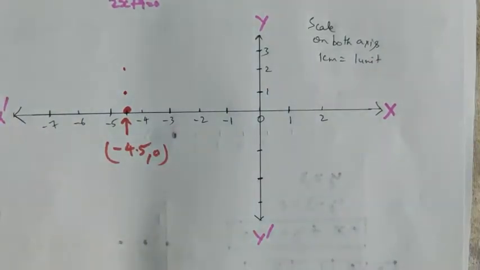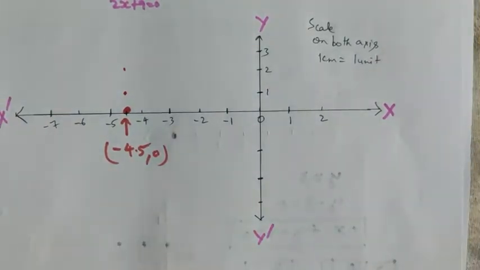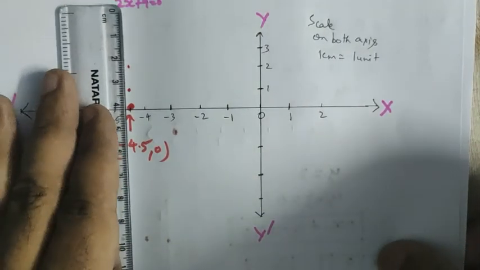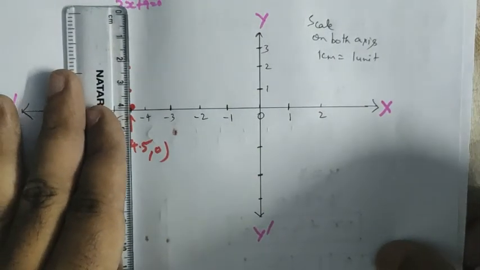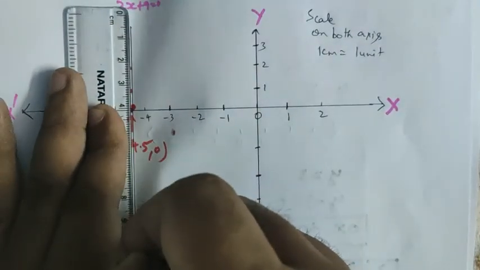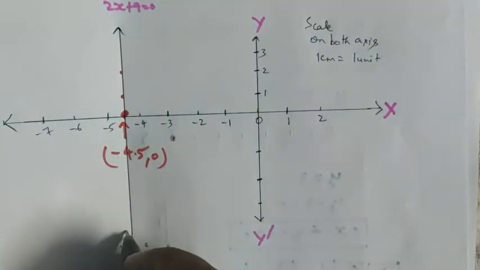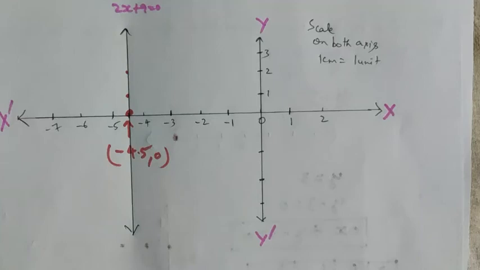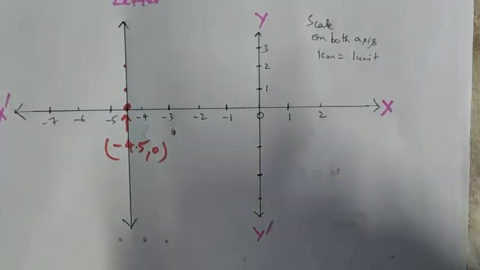So the equation of the line will be a straight line parallel to the y-axis. As I told you, if the value of x is equal to something, then the line will be parallel to the y-axis.